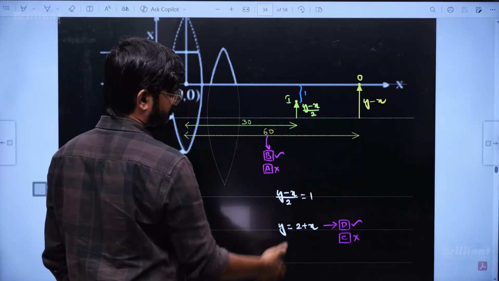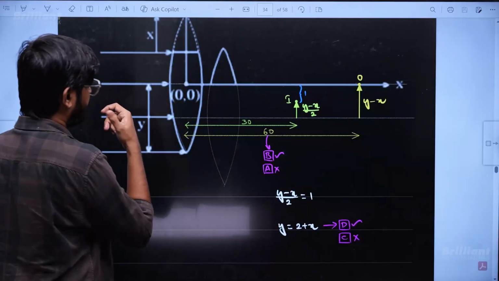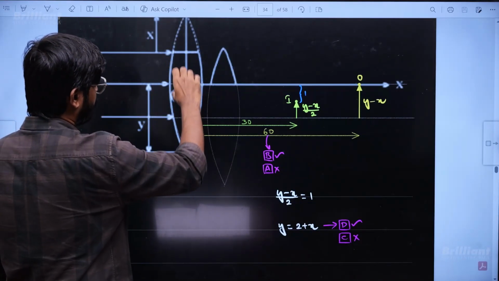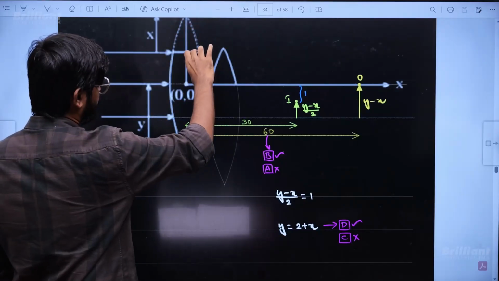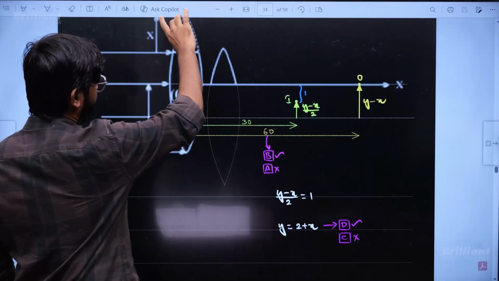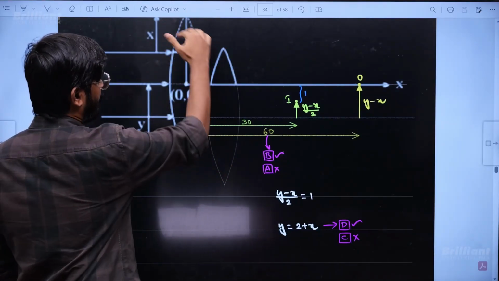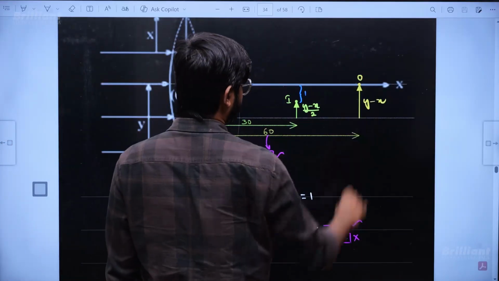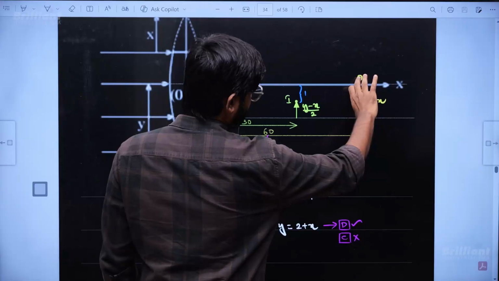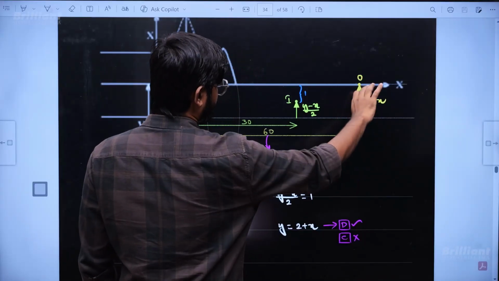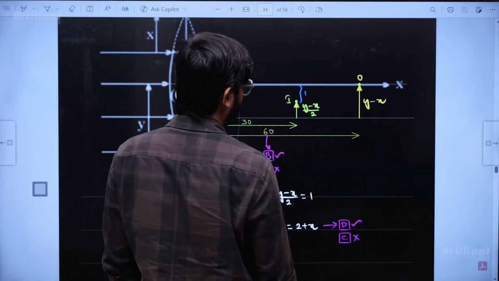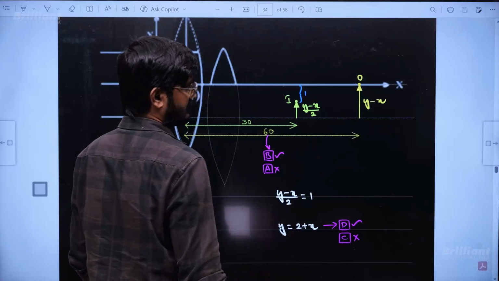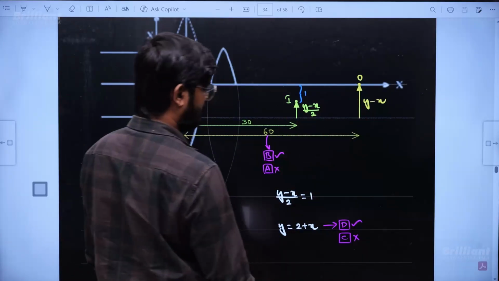The x value is given in the question, and you should understand how much distance you have moved this down. This is y, this is x, so this is y minus x. So you have moved this one by y minus x down. If this length is y minus x, because of the magnification this should be (y minus x) by 2, and they have given this value is 1. So this plus this equals this, right?